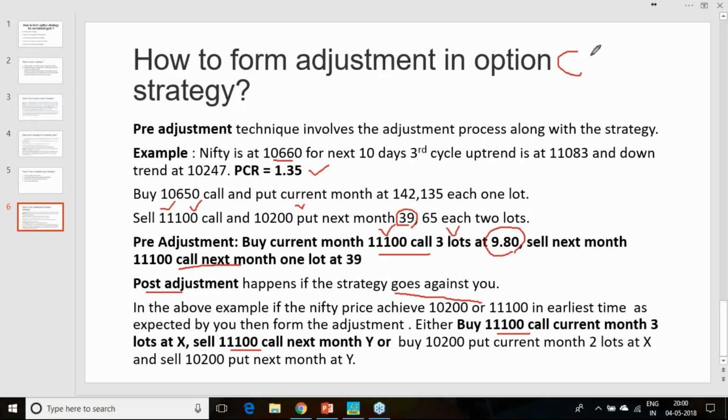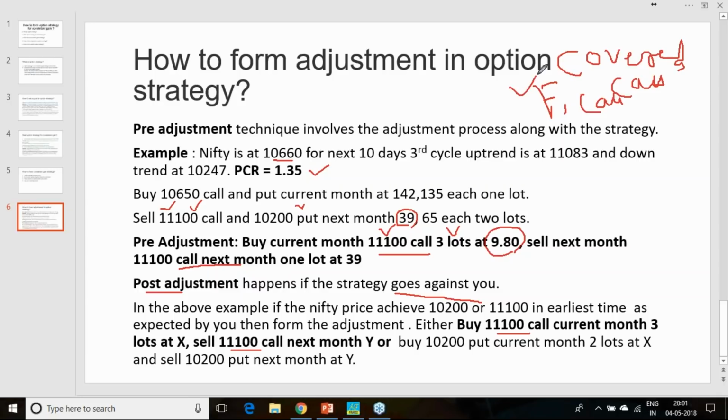Whenever we form a covered call, which means we buy one future and sell one call option, we expect that the future will go up, the call option will decay, and the time value will make money.